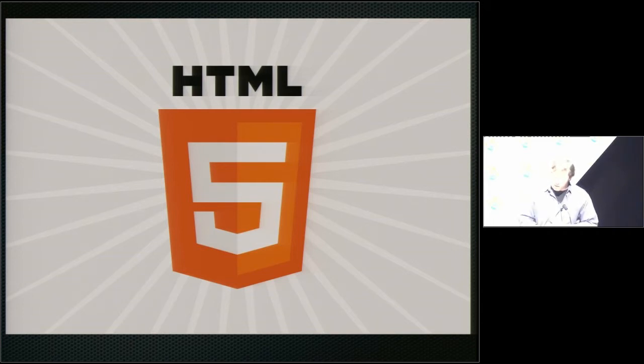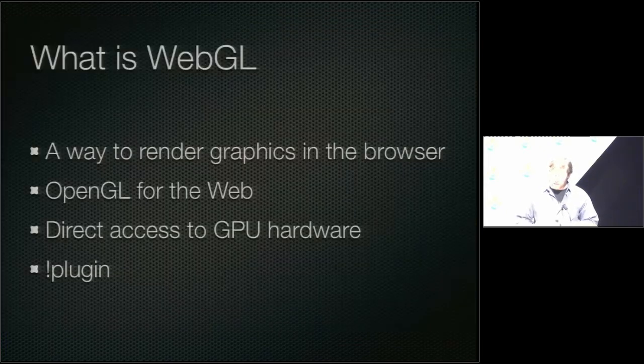But it's important to this talk because WebGL is built on top of the HTML canvas. So WebGL is not a part of the HTML5 collection per se. It builds on top of it. Some people consider it to be part of HTML5 because they all sort of came out at the same time.